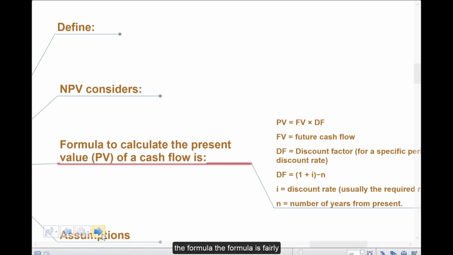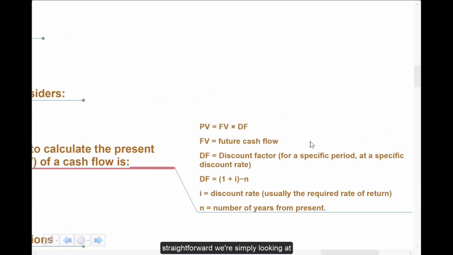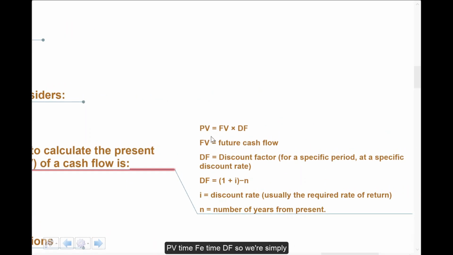So what about the formula? The formula is fairly straightforward. We're simply looking at PV equals FV times DF. So we're simply looking at the future value times some form of discount factor, okay, that may well be linked into the cost of capital of the business.